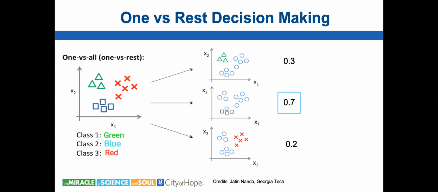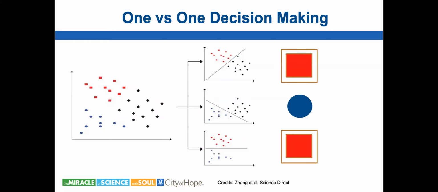Now, on the contrary, for one versus one, we have a different scenario. Instead of looking at maximum probabilities, what we do instead is we try to see which class is predicted the most times. So if we look at this first instance, you can either predict the instance to be a red square or a black diamond. So in this case, the instance is predicted as a red square.